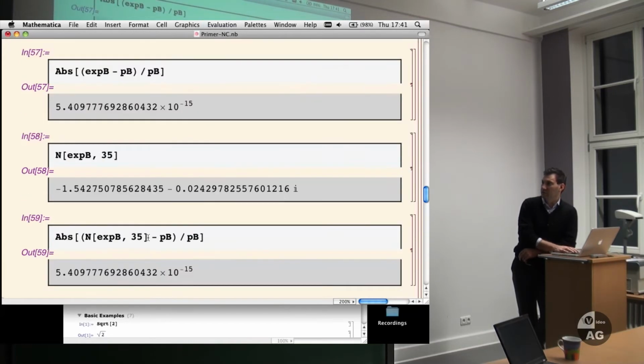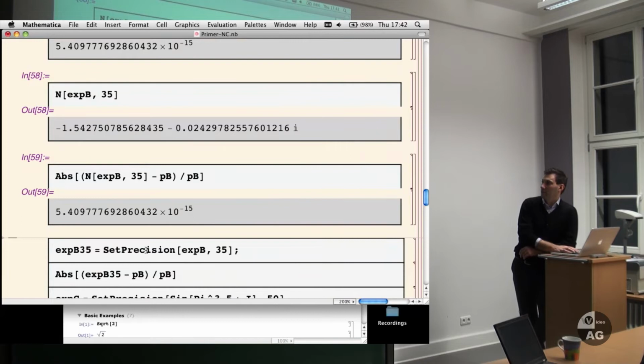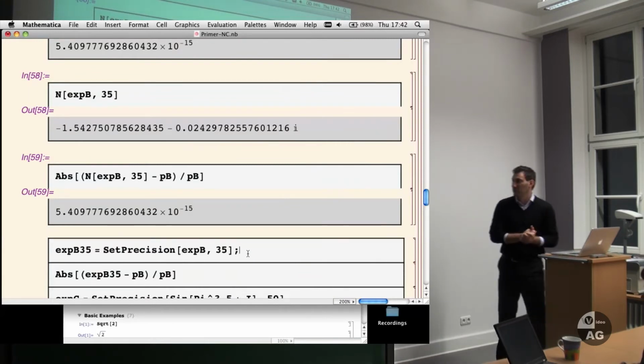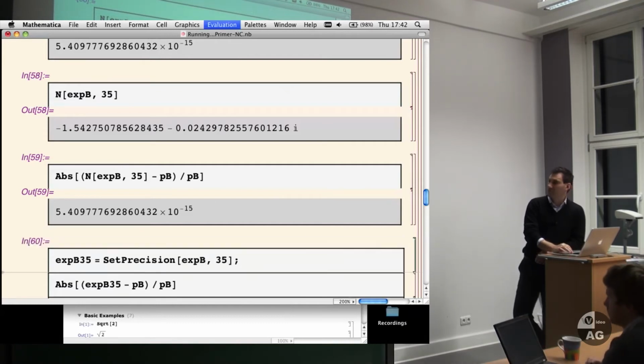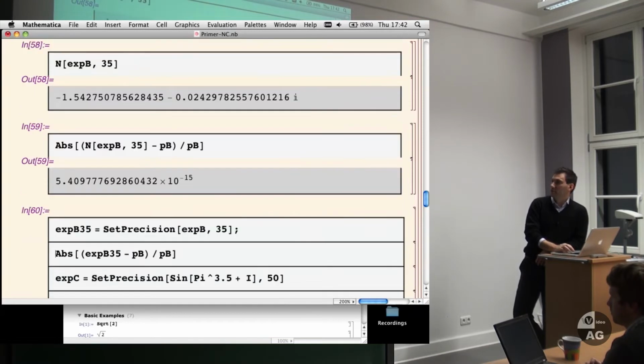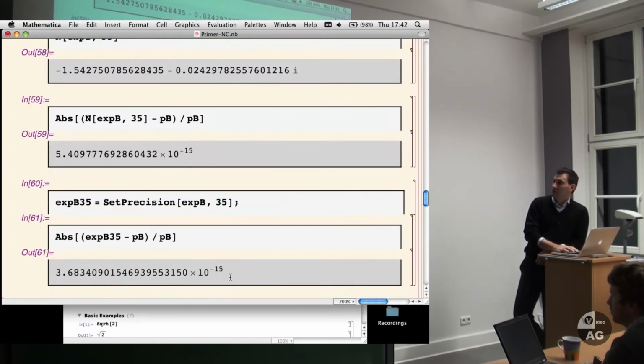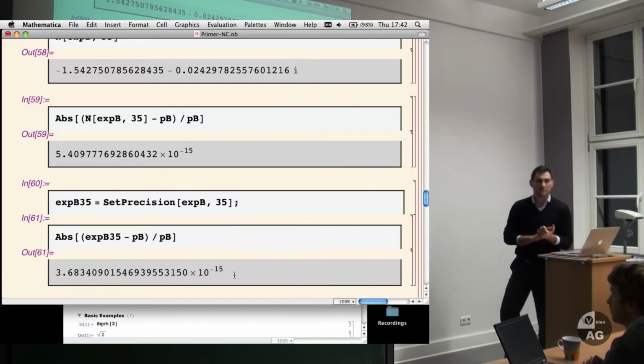Even if I ask for 35 digits, I'm stuck to 15 or 16. So now we go for the same trick as before. We evaluate the whole thing, but now with 35 digits of accuracy. And I still get 15.